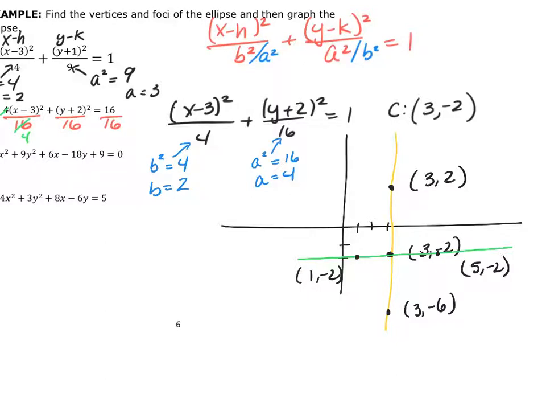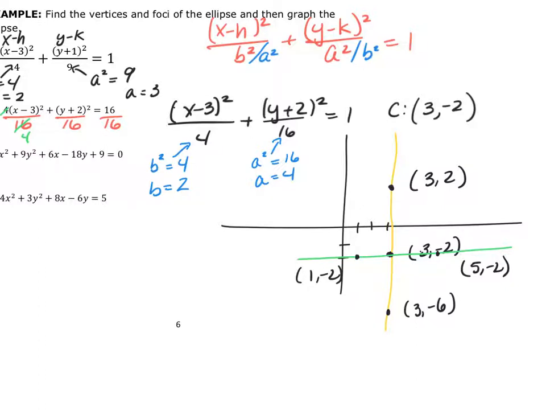Yes? How do you know if b is 2, like I get that one, well, kind of. I just don't know how to know where the lines go. Does it just go through the origin? The majors and minors? So the majors and minors always have to go through my center. The major and minor axes always go through wherever my center is.